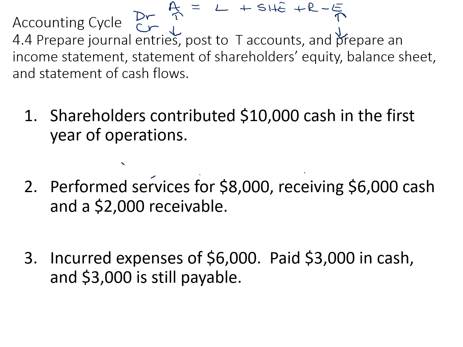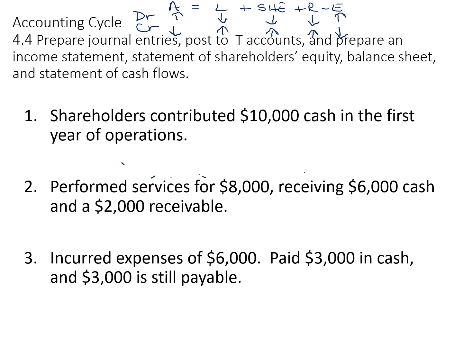The opposite is true because it's on the other side of the equation for liabilities, shareholders' equity, and revenue. Credits increase and debits decrease. So let's see what we find here.